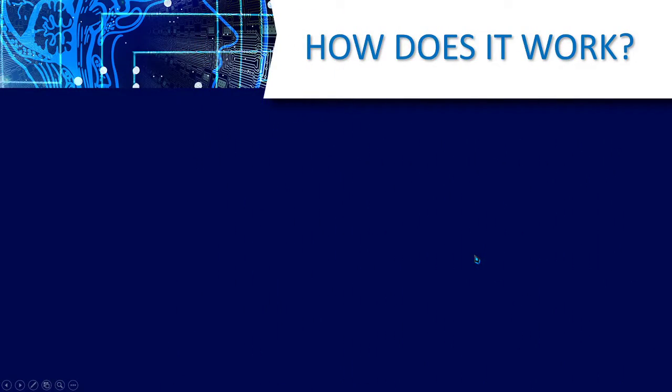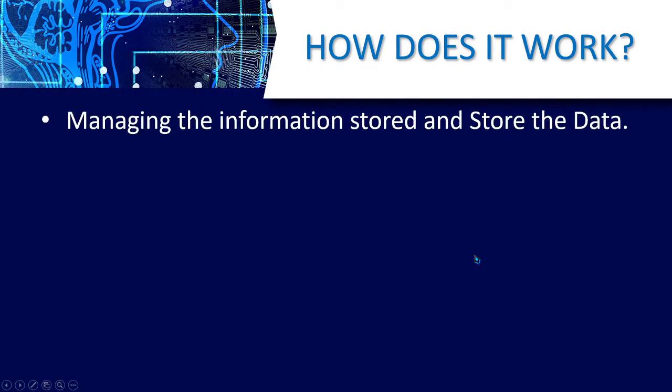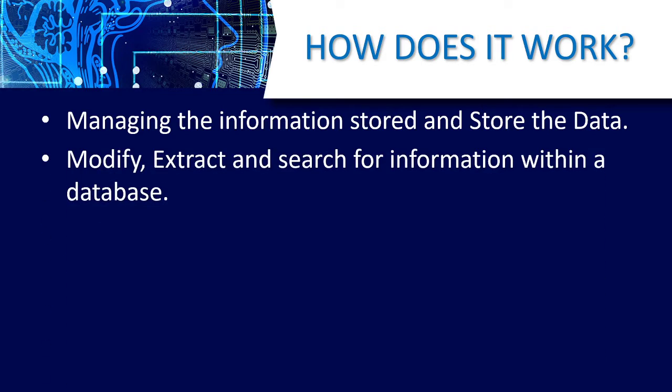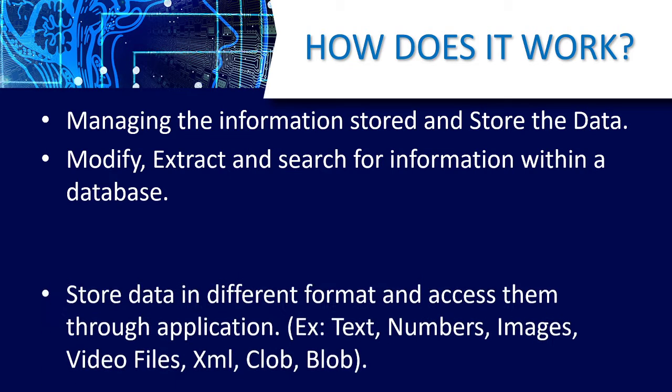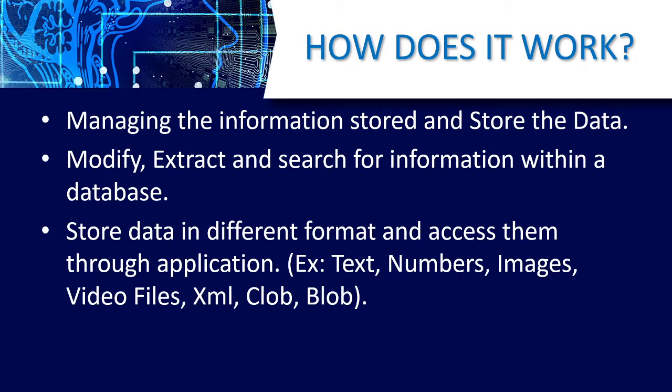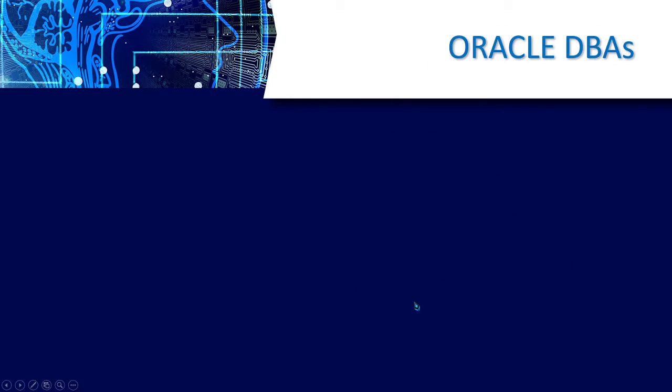So how does this work? The Oracle database system manages the information stored and it can store the data in tables if needed. It has to modify, extract, and search for information within a database. It stores data in different formats and accesses them through applications, like text, numbers, images, video files.